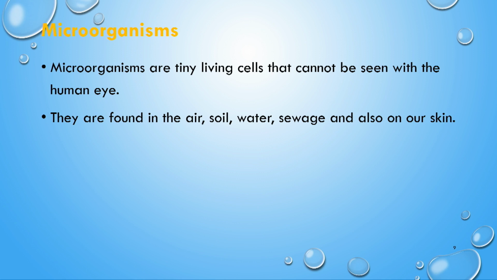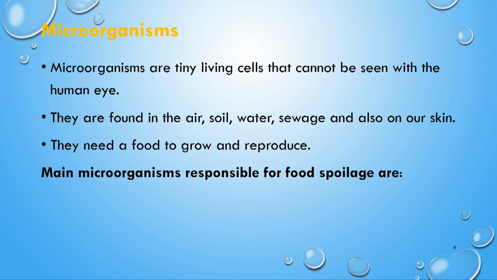They are found in the air, soil, water, sewage, and also on our skin. They need food to grow and reproduce. Main microorganisms responsible for food spoilage are bacteria, molds, and yeasts.